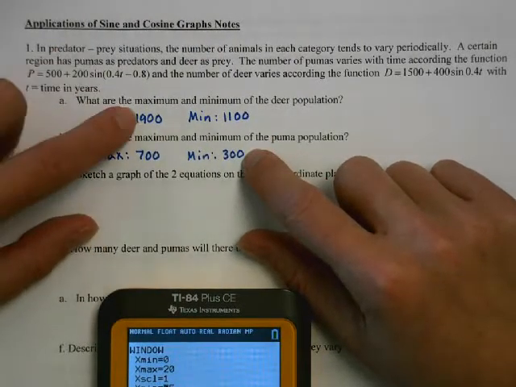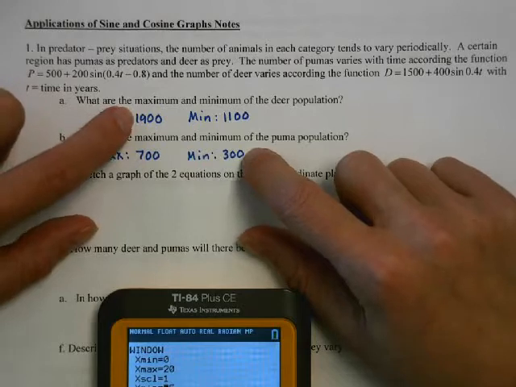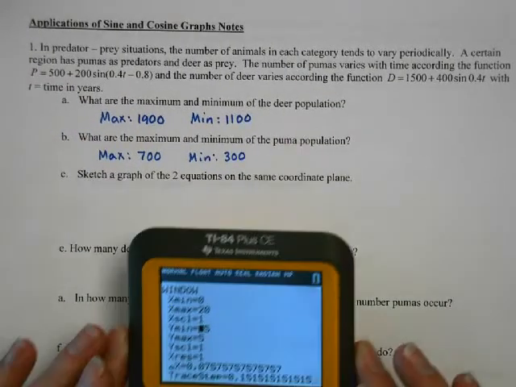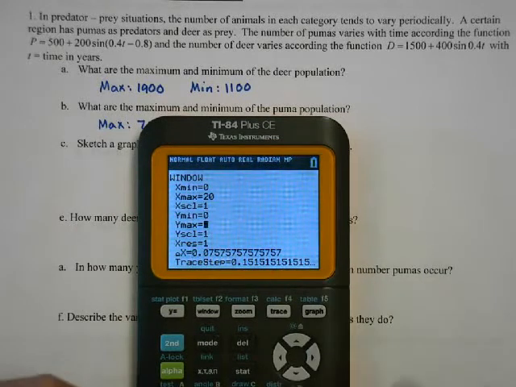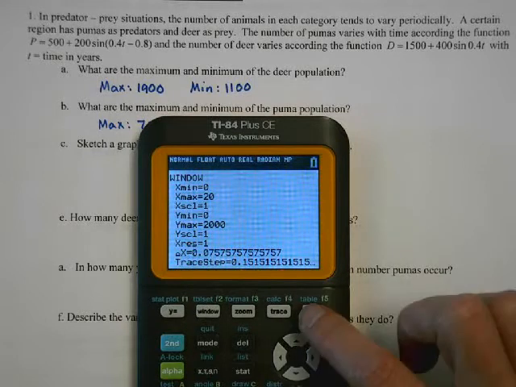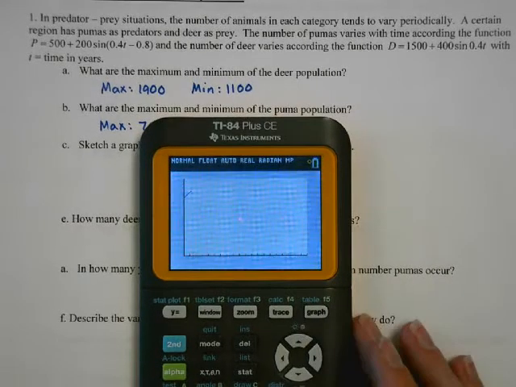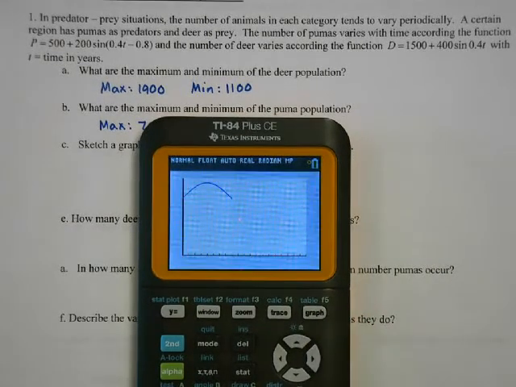The maximum number I'm going to see on my graph is 1900. So my window needs to account for that. We'll just go from 0 to maybe 2,000. And we'll graph. So that top one is our deer population, and there's our puma population.